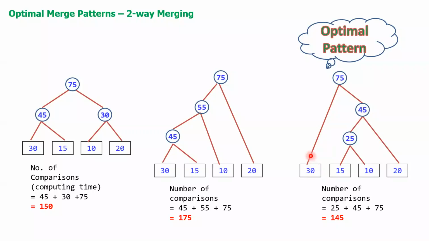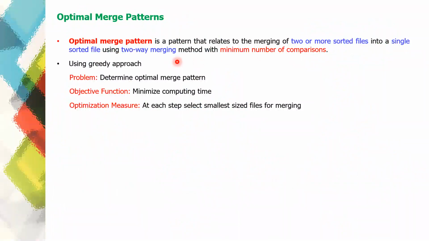Remaining only 2 files, so I'm going to merge them. So as such, at each step, if you are making a greedy choice, then you'll be able to determine an optimal merge pattern.